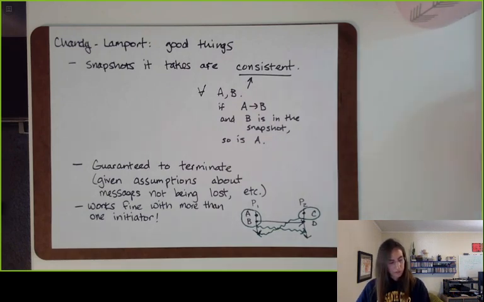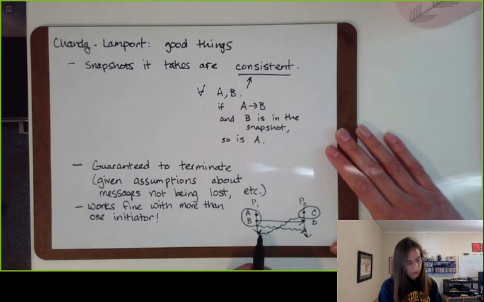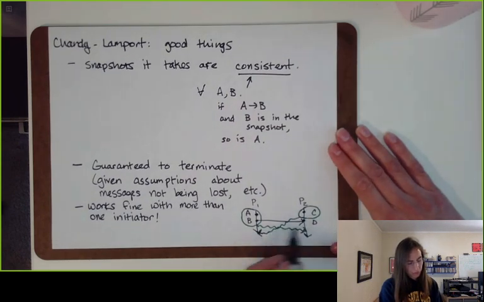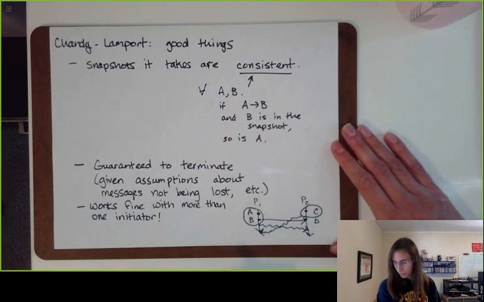So notice that in particular, P2 has to send its marker before it does anything else. So P2 takes a snapshot of its own state and then it immediately sends a marker. So notice that it has to send its marker out before event D can happen. Before that can happen, the marker has to go out.